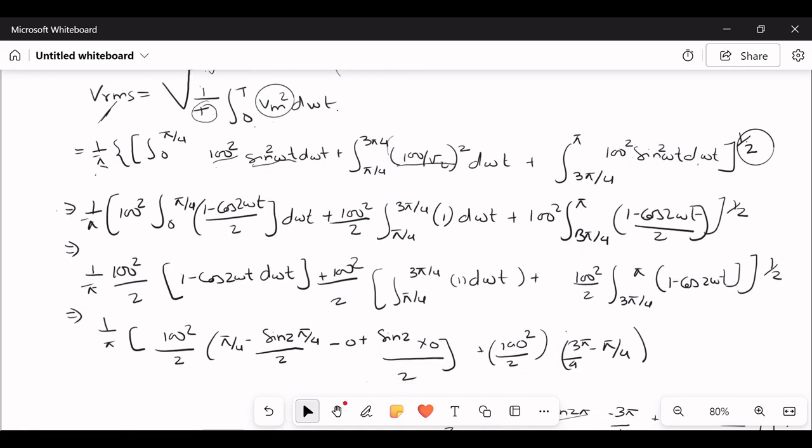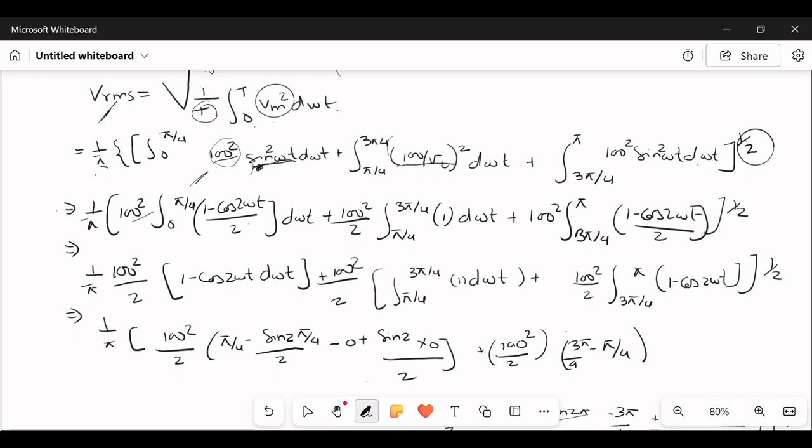So by integration, 100² we convert sin². For this part, now we integrate the whole waveform. 1/π, and 100² comes out because it's a constant value, so we write 100² outside.